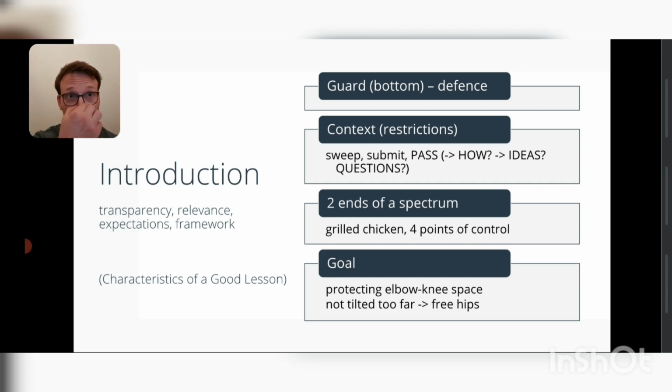Next is that they have to understand the two ends of the spectrum. So grilled chicken means I'm lying on my back, having no contact, and then I have the situation where I might be not really lying on my back, a bit more engaged, and have 4 control points on my opponent, so that I am the one who is leading, and everything in between is what they will have to deal with in guard.